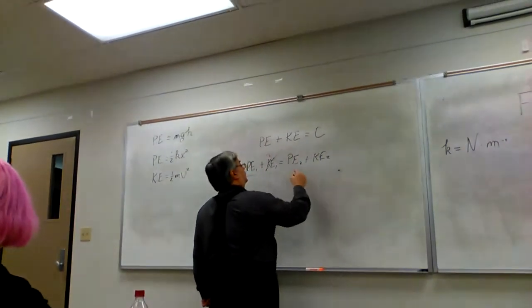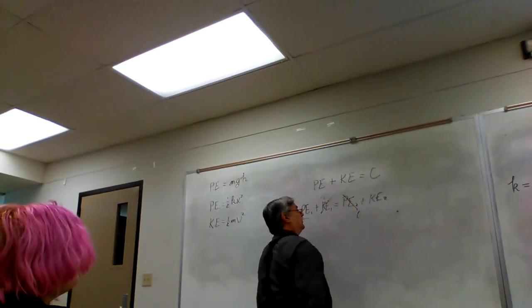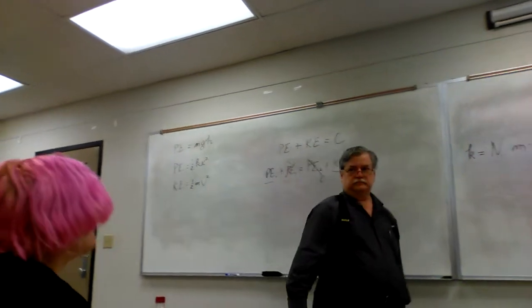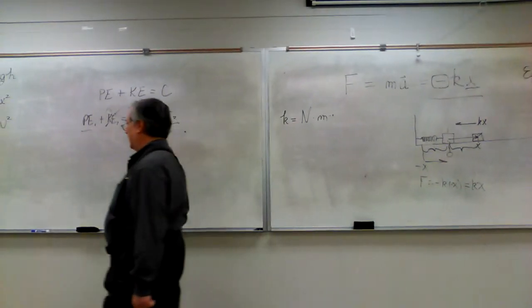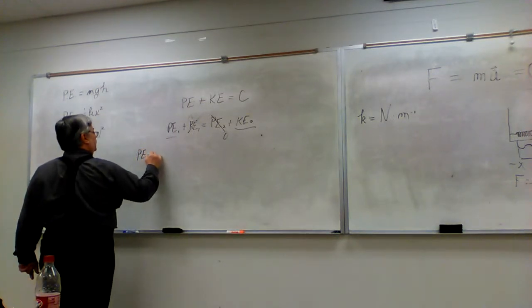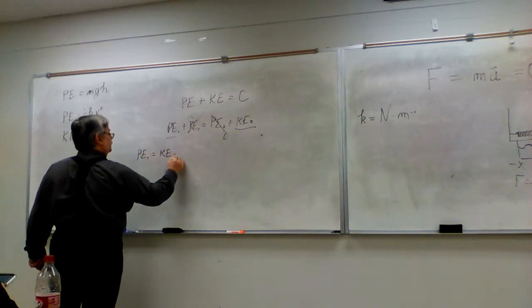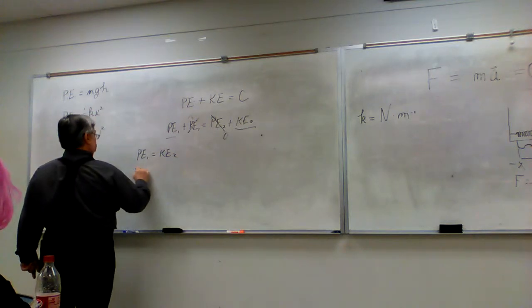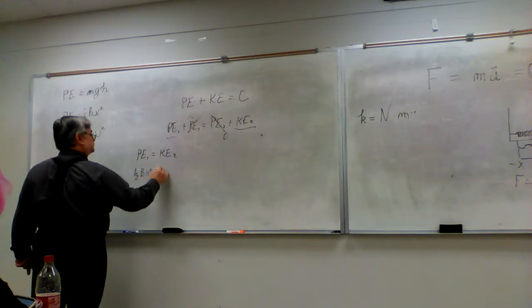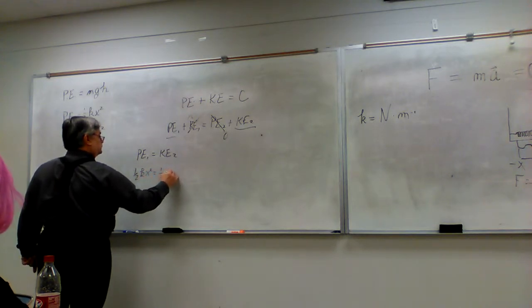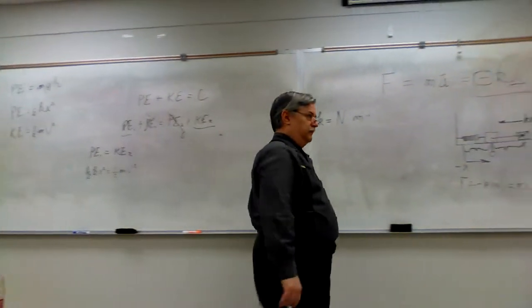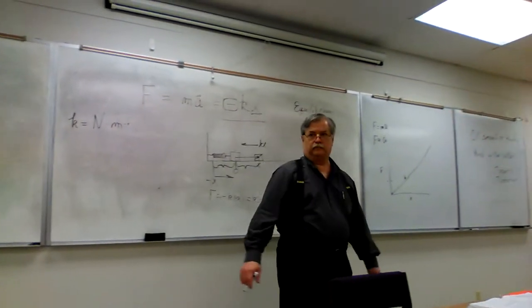When it gets back to the zero point, its potential energy is zero, which means all of its energy is now kinetic. And you find velocity by simply setting one half kx squared equals 1/2 mv squared, and you solve for v.